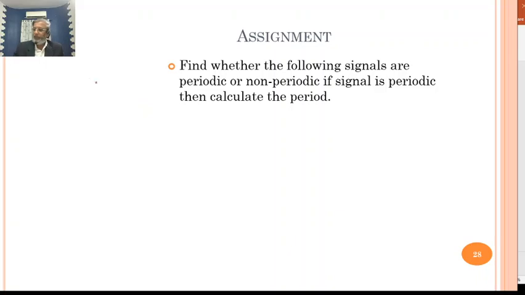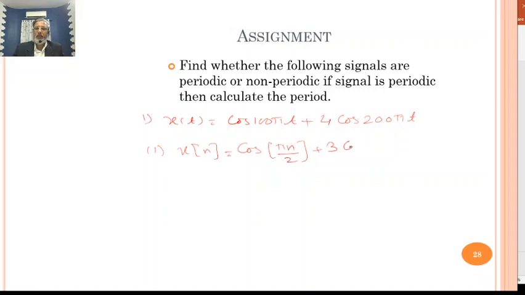Now the first problem, x of t equals cos of 100 pi t plus 4 cos of 200 pi t, and the second, x of n equals cos pi n by 2 plus 3 cos pi n by 4 plus pi by 3.